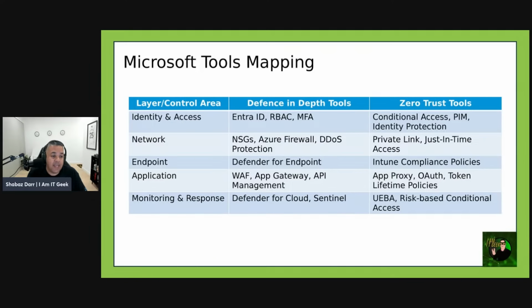We're talking about the endpoint layer. We've got Defender for Endpoint from a defense in depth, but from zero trust tools, we've got Intune compliance policies as well. Talk about application, defense in depth, we can use WAF, App Gateway, API Management. But when it comes to zero trust tools, App Proxy or token lifetime policies, things like that.